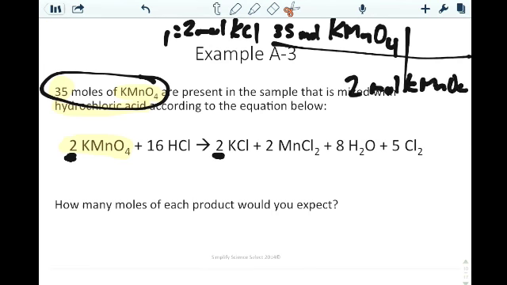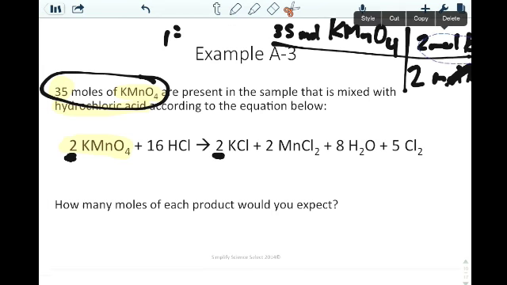Okay, that's going to go on the bottom. 2 moles of our potassium permanganate, because that cancels out. And then you just put the other part of the mole ratio on top. And so what you'll see is a 2-to-2 ratio is just like a 1-to-1 ratio. So we multiply by 2 and then divide by 2. So our first one will get our 35 moles.